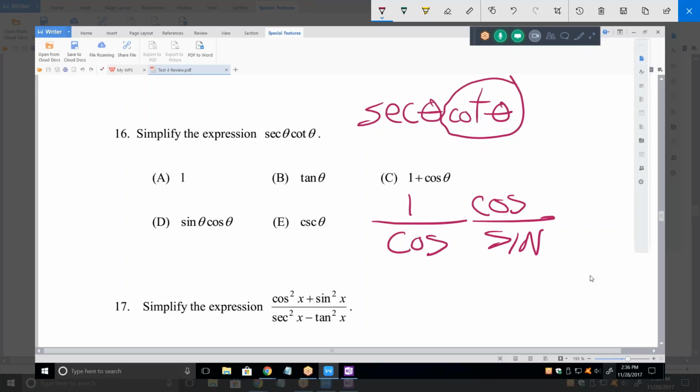So notice that the first thing you want to do when you're simplifying an expression, if you can, turn it into sines and cosines, because good things happen. I turn that into cosine by using the reciprocal identity, and I turn that into cosine over sine using the quotient identity. Now simplify that.